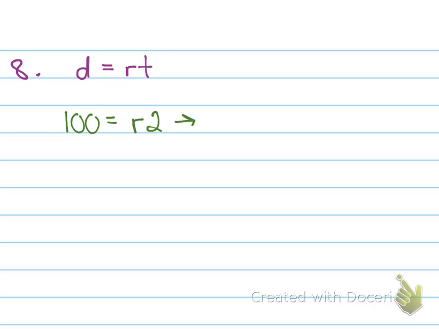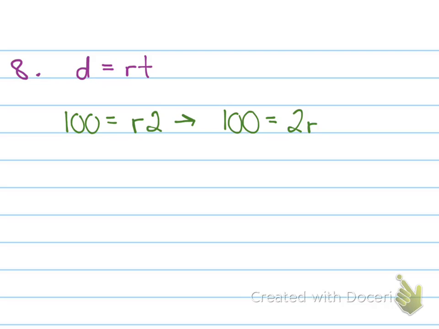So if it doesn't matter what order I multiply, then I can write this as 100 equals 2r. Algebraically, it's the proper way to write it, to write the number first. Well, you say, r came first in the formula. It did, but it doesn't matter what order you multiply in, and you need to write your number first. Does that make sense? So we're just going to try to get in the habit now of doing that.